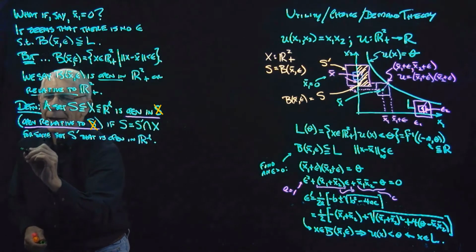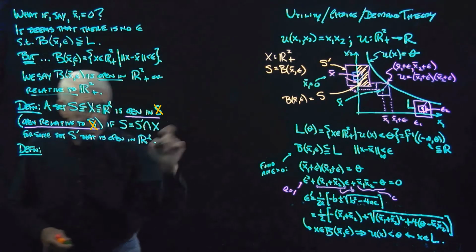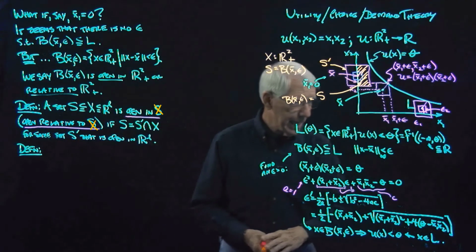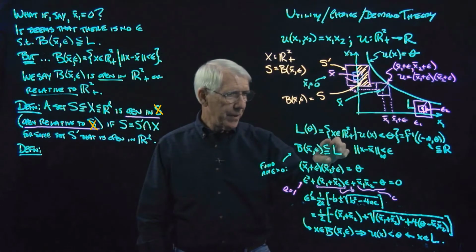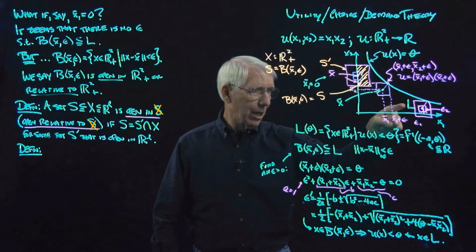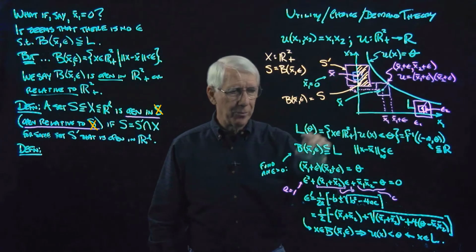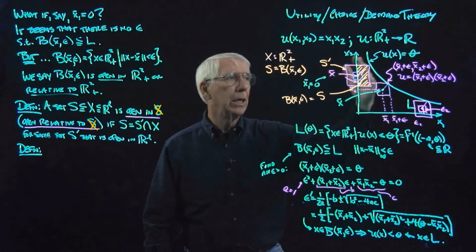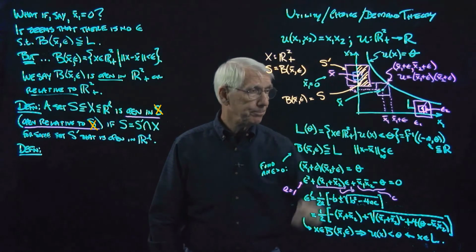So let's say that, the thing in the example that motivates this definition is this point right here, where I said that this set, L, the lower contour set, by the way, I used L because we think of this as the lower contour set with respect to theta.